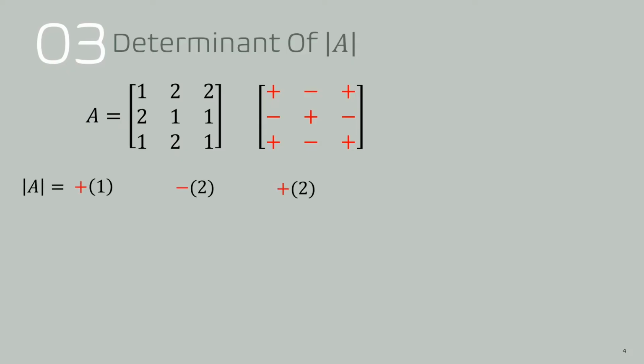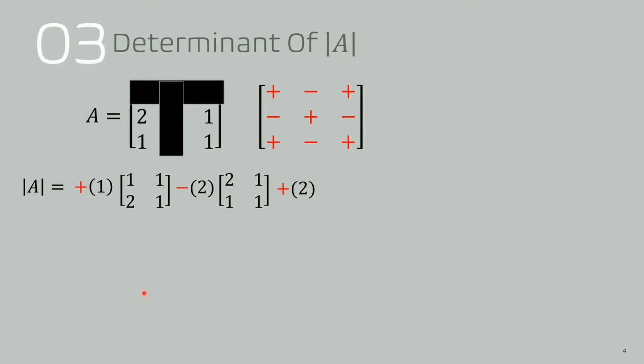So the third step is to find the determinant of A. First, we must choose a row, and here I choose the first row. We must close the first row and the first column to get the 2 by 2 matrix, which is like this, and also for the second column and then the third column.